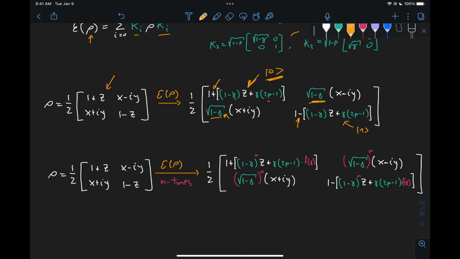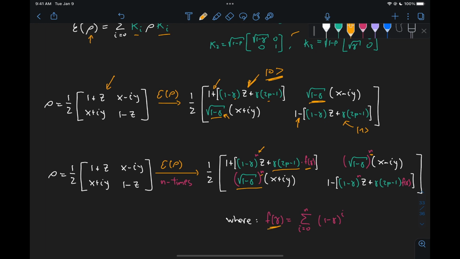So if we were to apply this map n times, what we're going to see is that these off-diagonal terms are going to decrease exponentially with n, and then the diagonal terms are going to have this factor that also decreases exponentially with n, and then this constant multiplied by this polynomial in gamma, which is basically this geometric series of (1 minus gamma) to the power of i, where we're summing up to n.